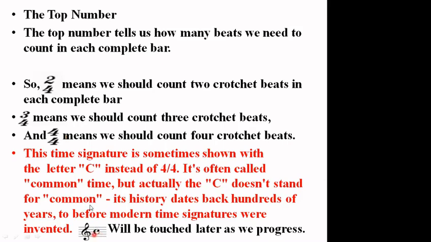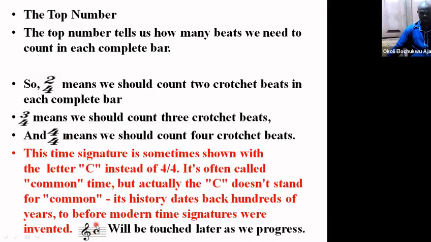So, oftentimes you may have this. When you see something like this, remember it is actually the same thing as 4/4. This is often called common time, but actually the C doesn't stand for common. There is a history that has to do with this, but we will be touching that later as we progress.